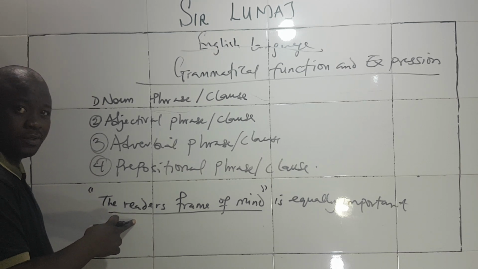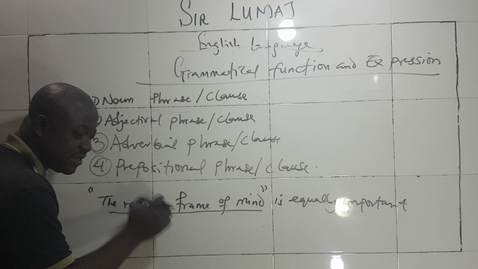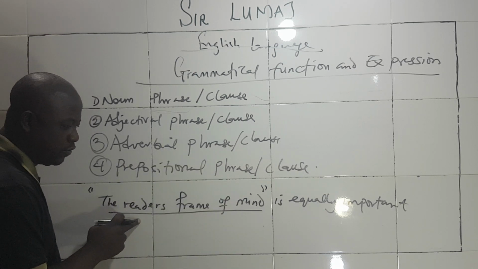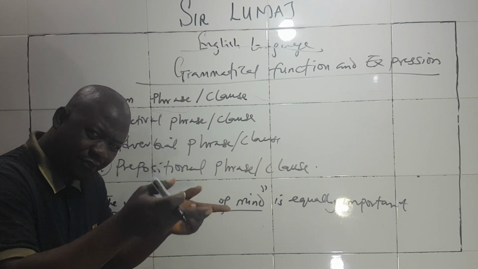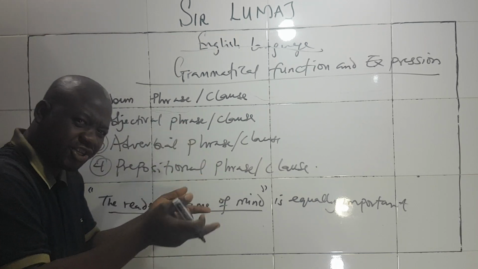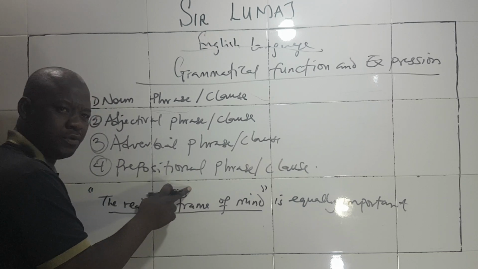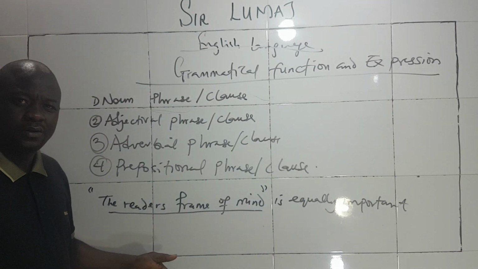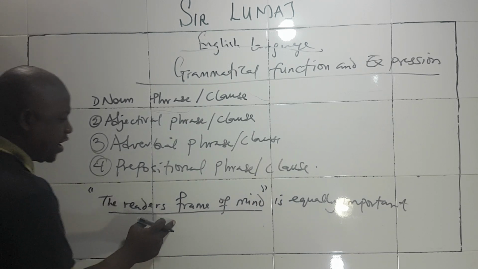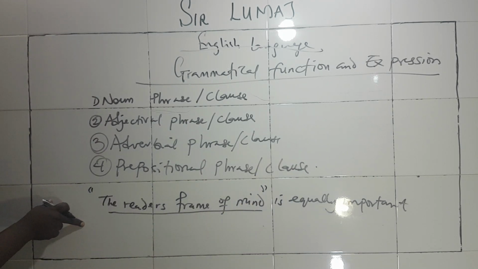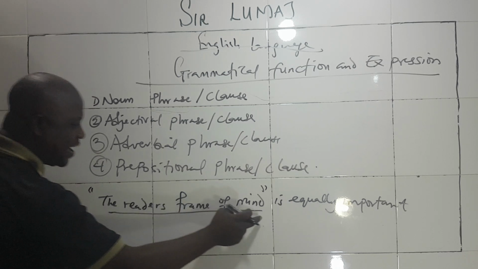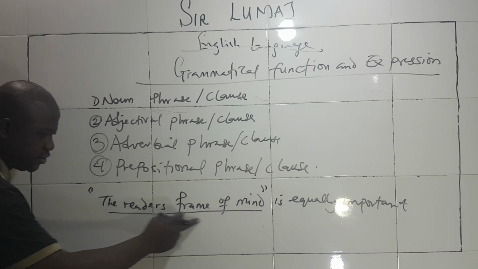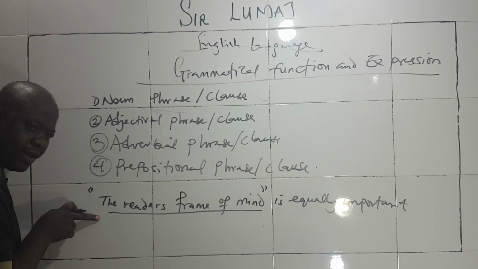They have used readers to represent a group of people, and it's the name of something. That is a noun. Frame, describing it, is still what? A noun. Of mind is still what? Noun. The reader's frame of mind. So in all this, we don't have a verb. In these underlined words, no verb.